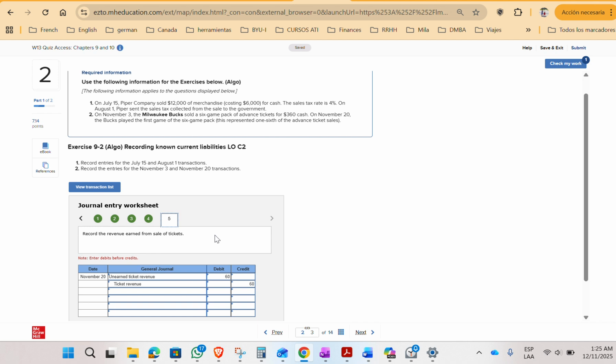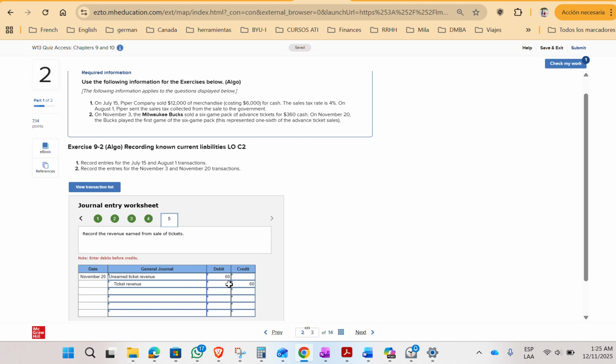So also we have to record the revenue earned from the sale of the tickets. That was on November 20 when one of the games was played. If we make the calculation, we have to divide 360 by the 6-game pack, the 6-game event.